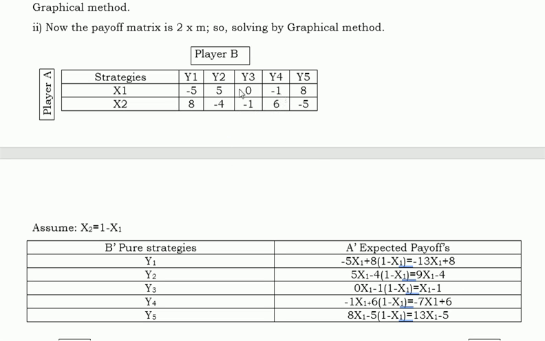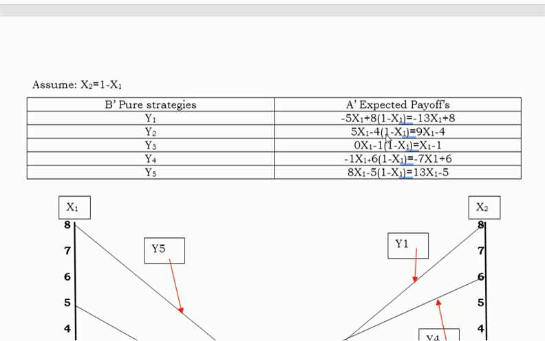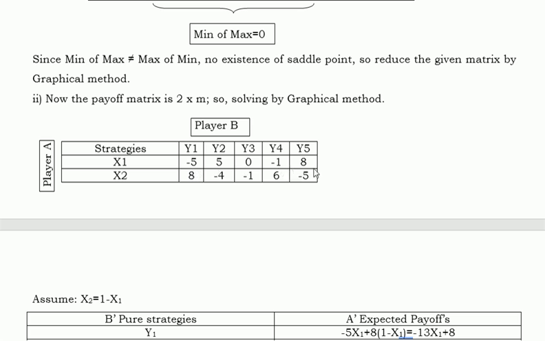Fourth one, minus 1 into x1 plus 6 into 1 minus x1. So these are A's expected payoffs. For each one, draw a linear equation referring to this matrix.